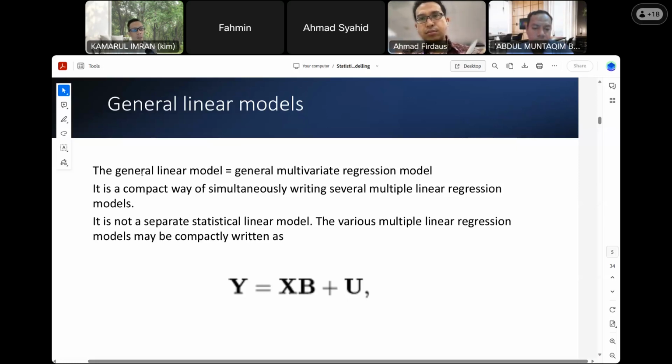So for general linear model, there are assumptions for them lah. But basically the model can be written as the value of y equal to the value of XB plus some random errors. U are basically error or noise.